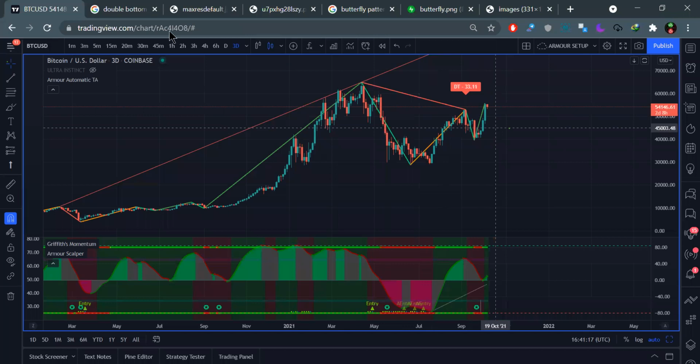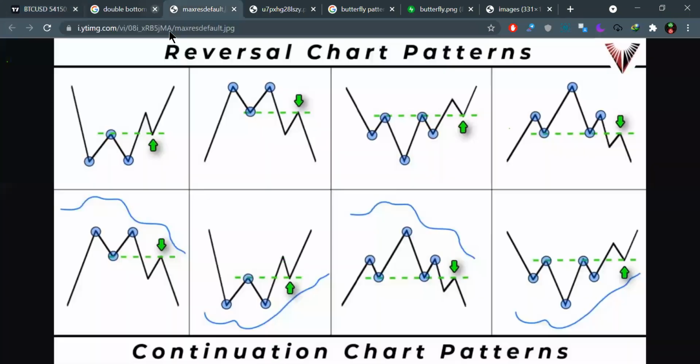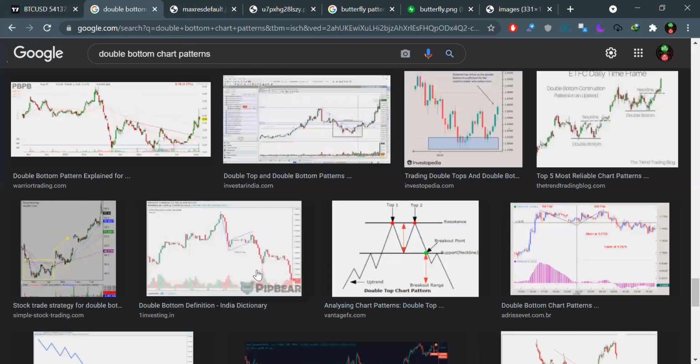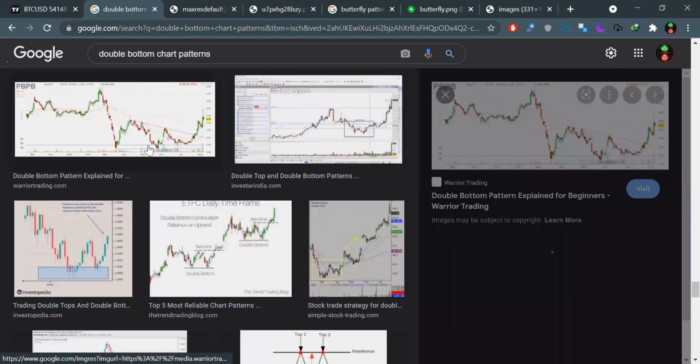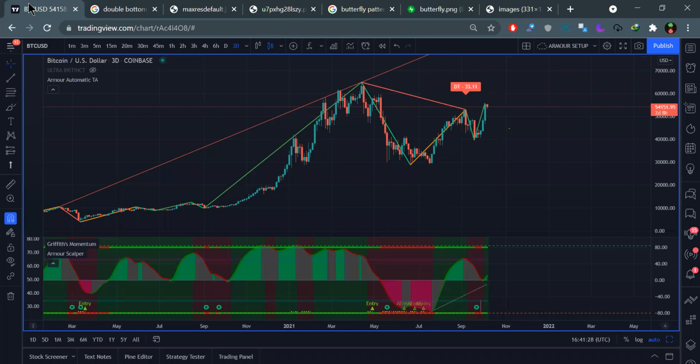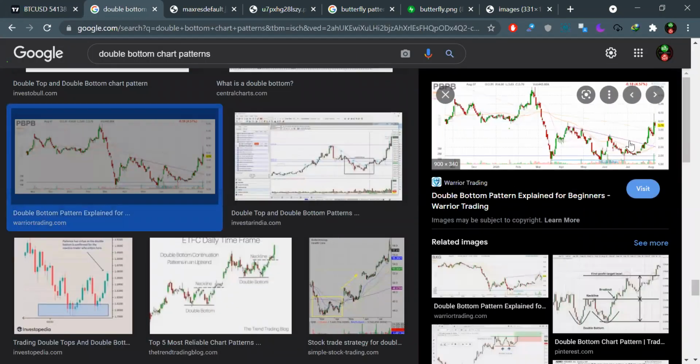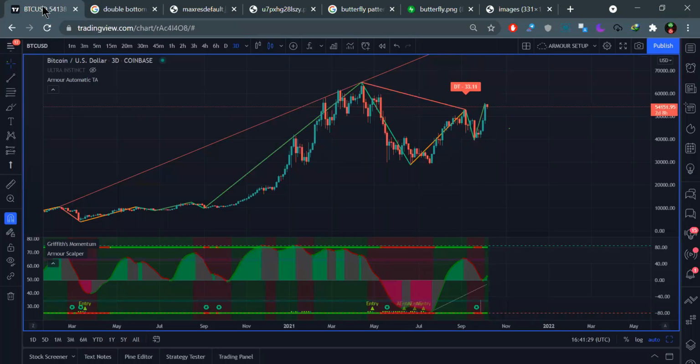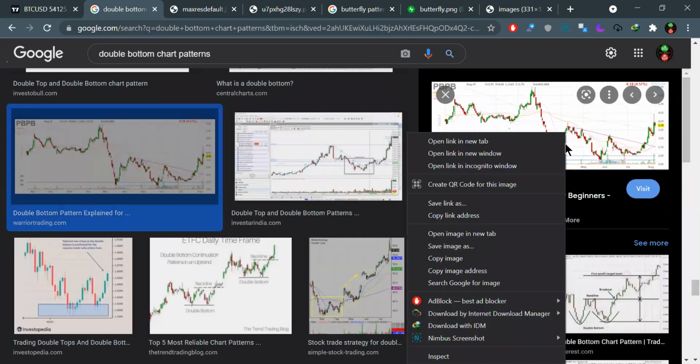Here, and here. Something similar, right? So this one looks good. This one looks identical.